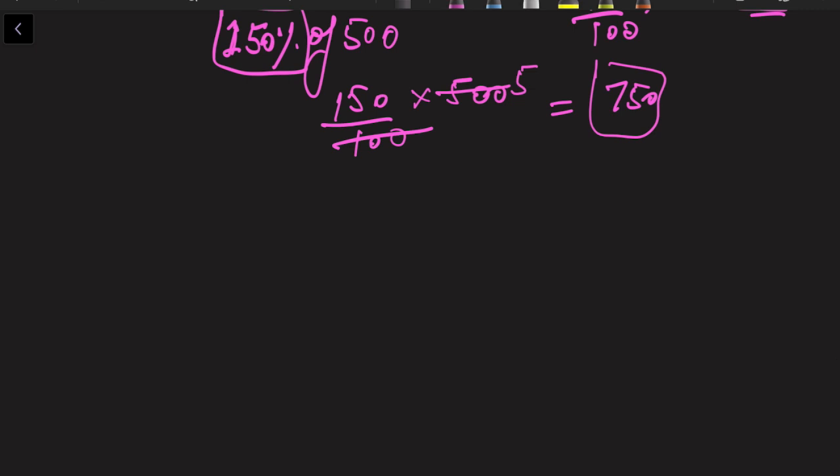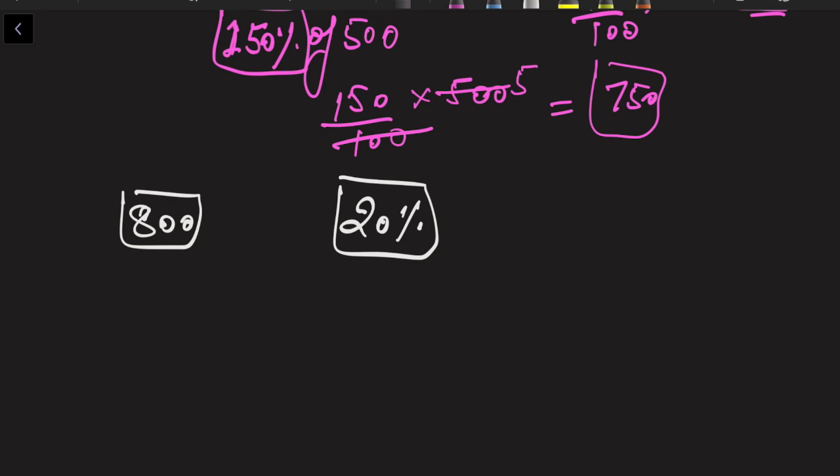If I say that there is a value, let it be 800, and 800 has been decreased by 20%. So the direct formula will be 100 minus x percent of p.